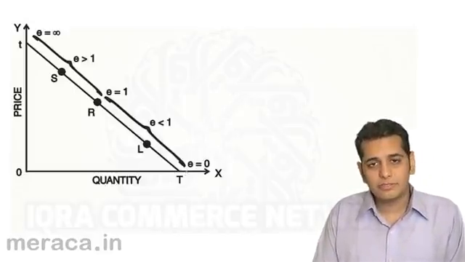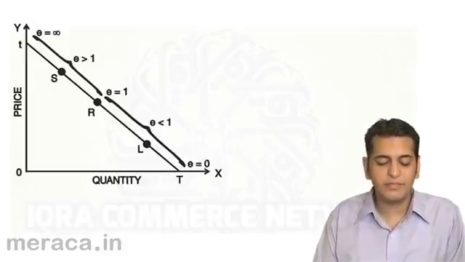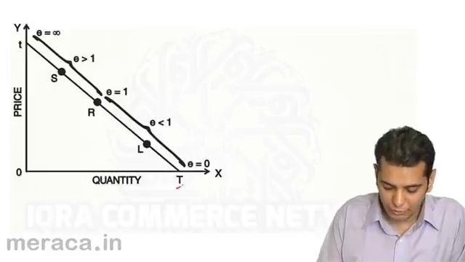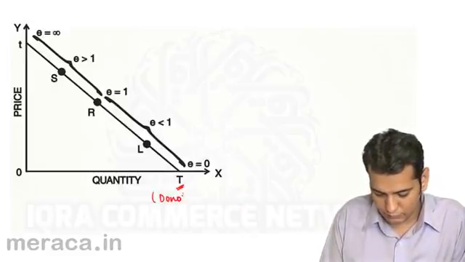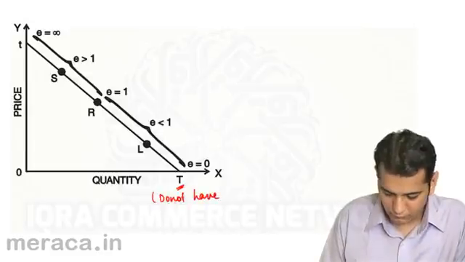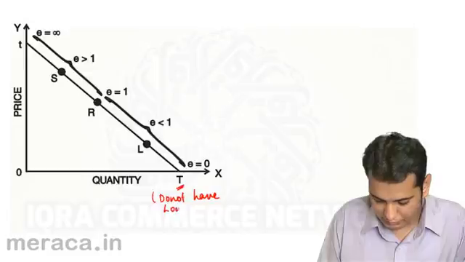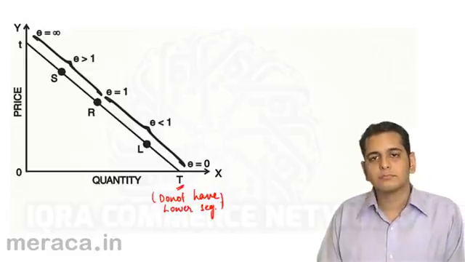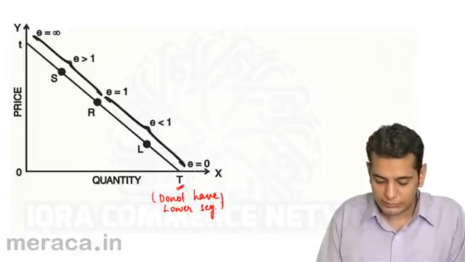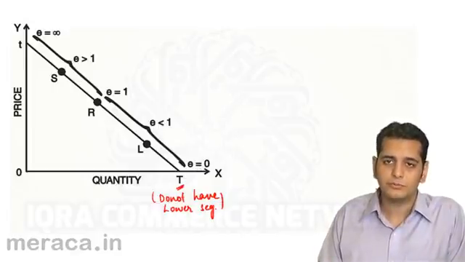So, as we've discussed, the elasticity at point capital T will always be 0, because at point T we do not have the lower segment. So the elasticity at point D will always be 0.